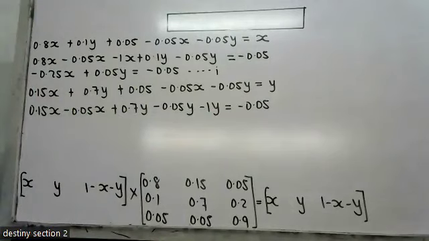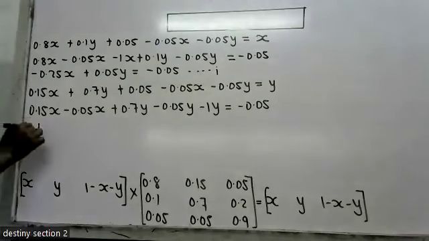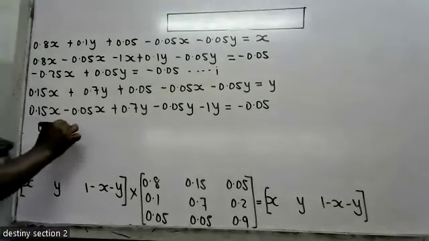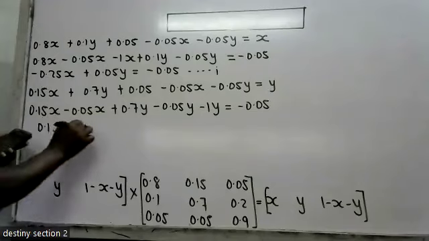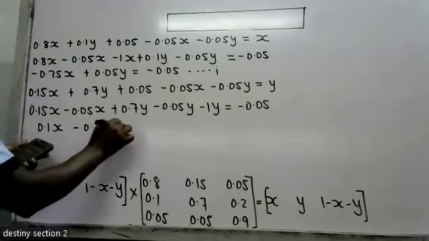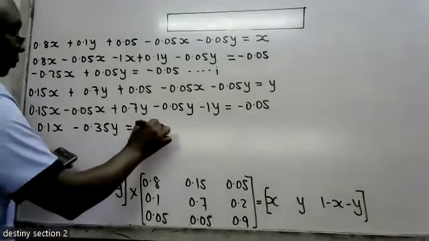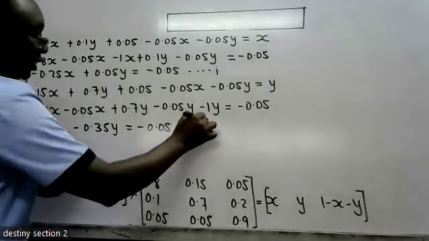So 0.15 minus 0.05 is 0.1x minus 0.7 minus 0.05 minus 1 is minus 0.35y. It's minus 0.05, and this is equation number 2.